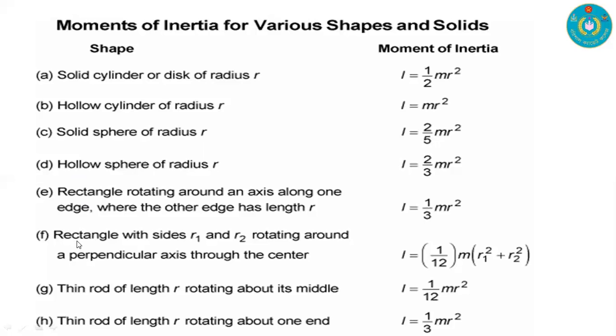For number F, the shape is a rectangle with sides r1 and r2 rotating around a perpendicular axis through the center. For number G, the shape is a thin rod of length r rotating about its middle point. And for number H, the shape is a thin rod of length r rotating about one end. For all conditions, we have all these equations.